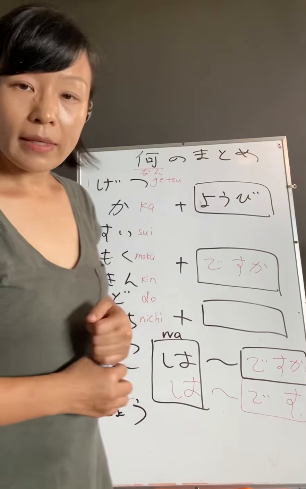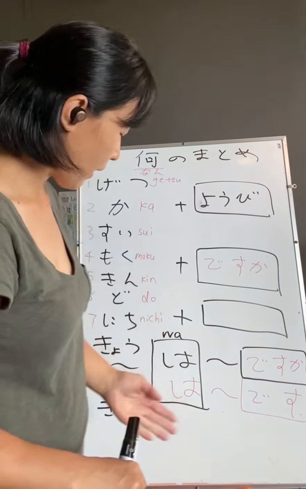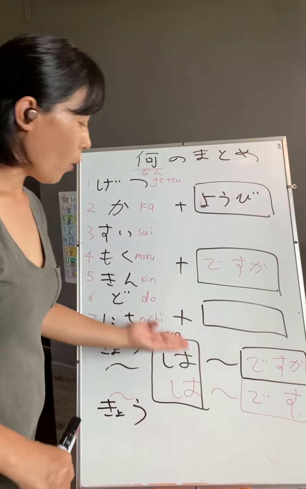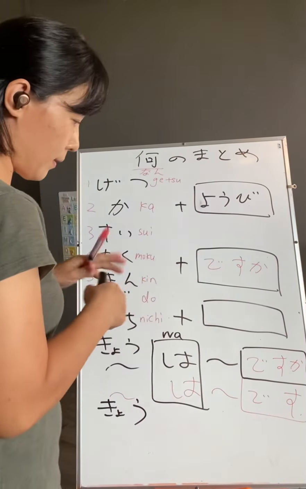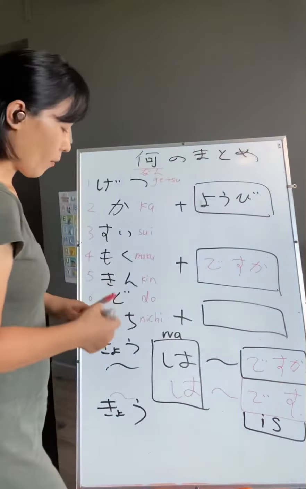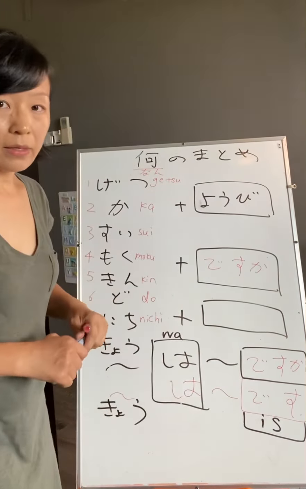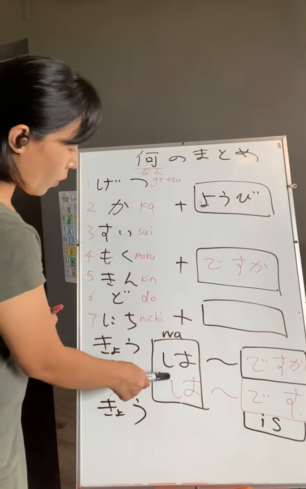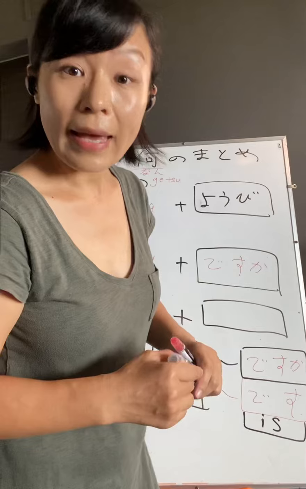So if we want to say 今日は木曜日です, today is Thursday. 今日は木曜日です。This です over here is like is. いいですか? So if you want to ask, is today Thursday? 今日は木曜日ですか? ですか over here is like is.